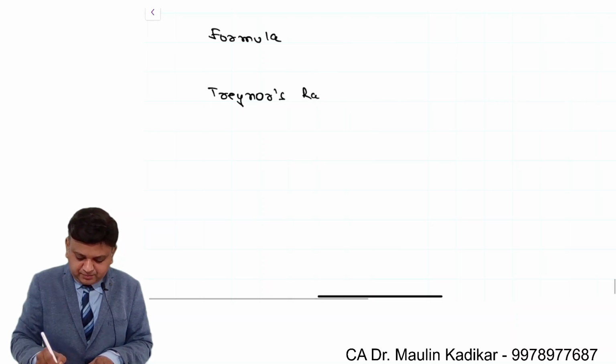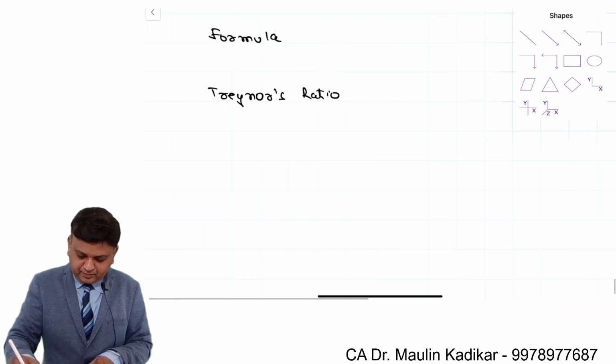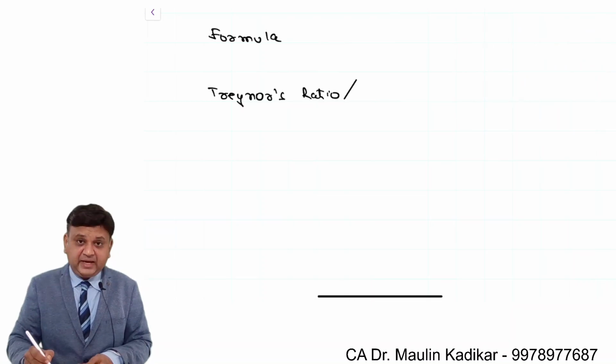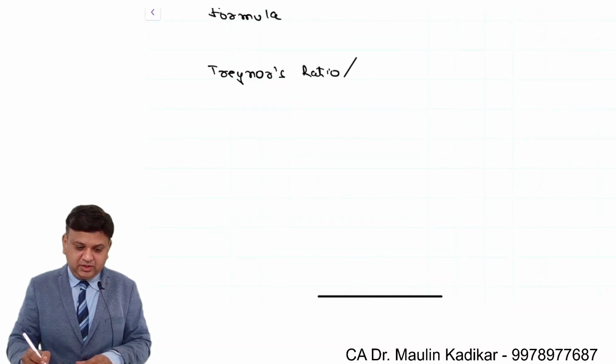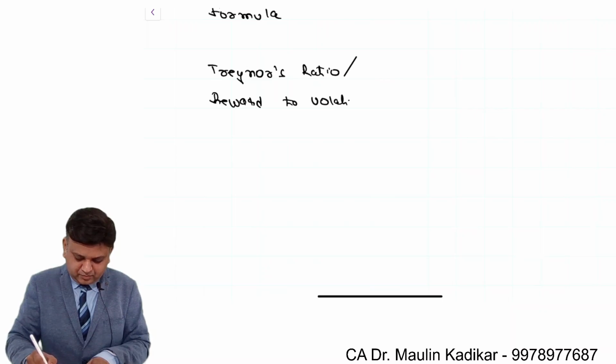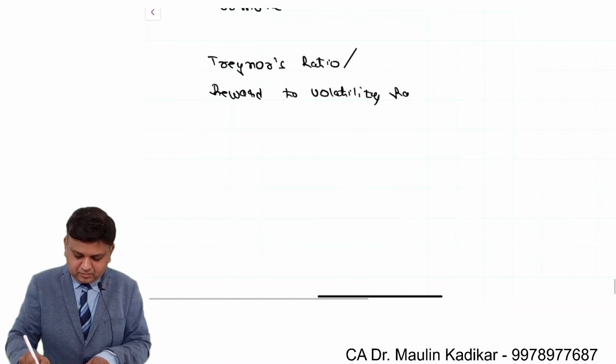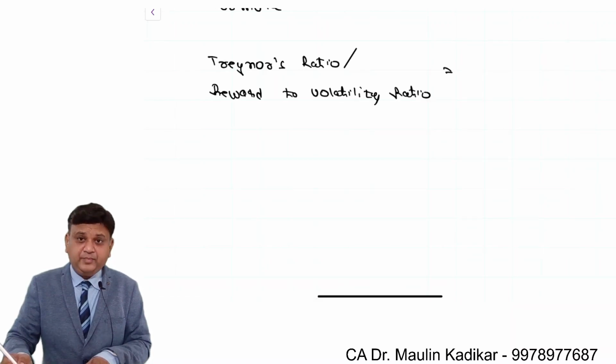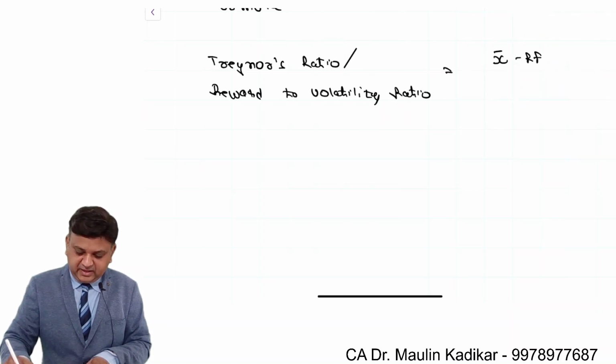Treynor's ratio, or it is given a name as reward to volatility ratio. It is calculated as x bar minus Rf divided by beta.